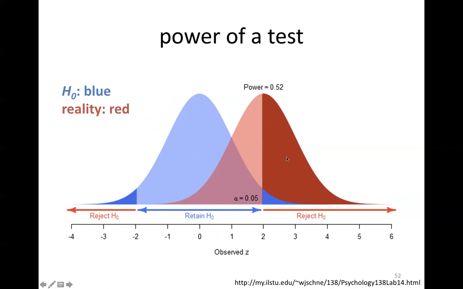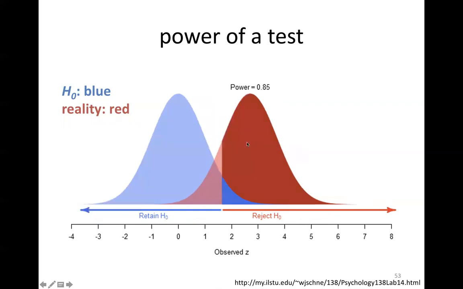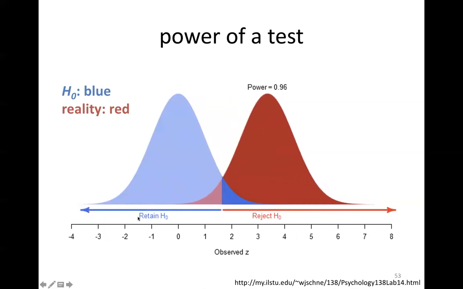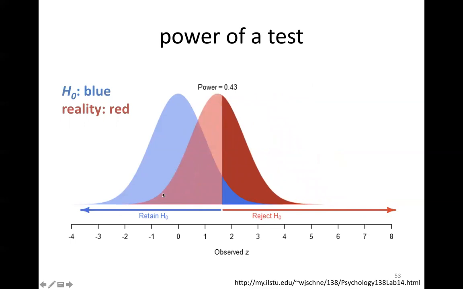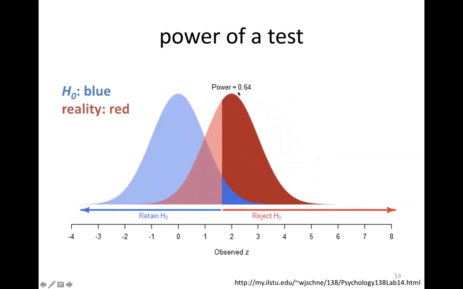And the reality might be just like the null hypothesis, or it might be very different from the null hypothesis. This distance is the effect. And as the reality moves away from the null hypothesis, power increases.